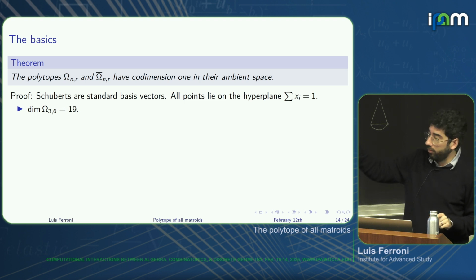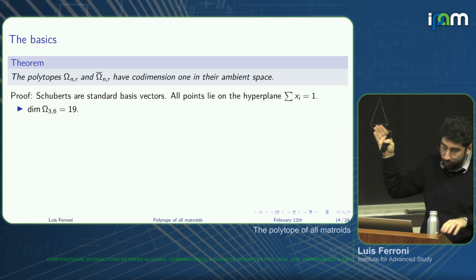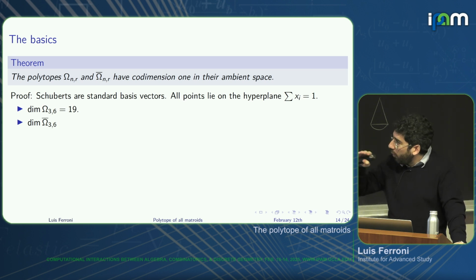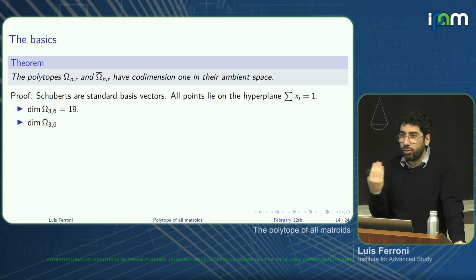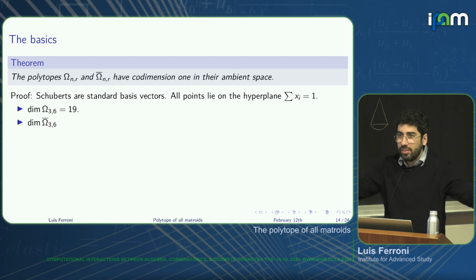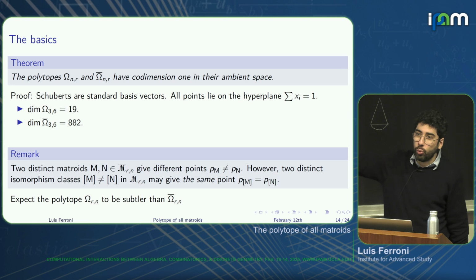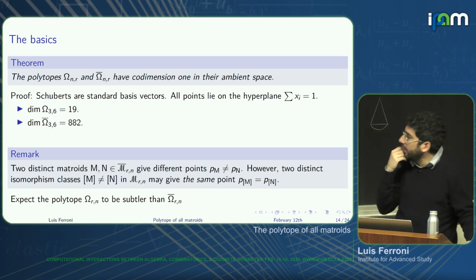So already for small values of the parameters, the dimension is very large. For the one with the overline, I am not identifying Schubert matroids, so I have many more. If you compute this number, it's 882. So the dimension is huge.